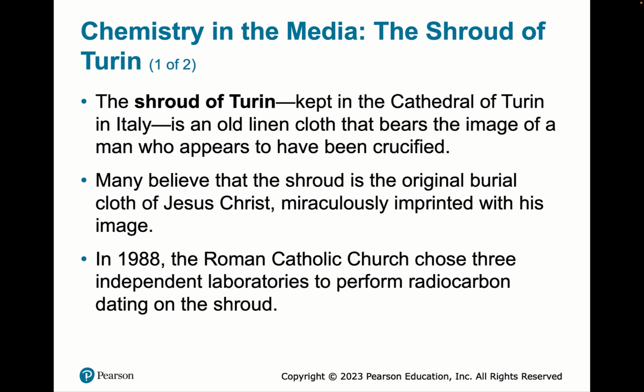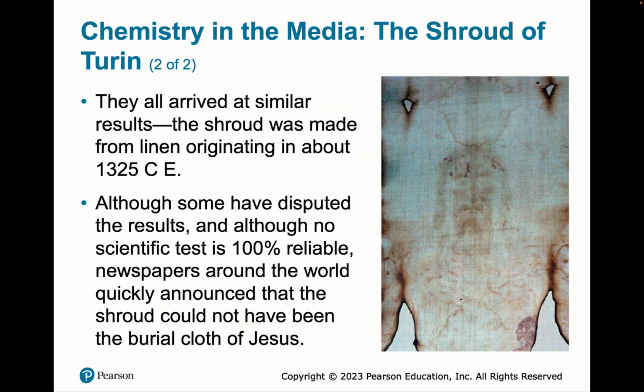One example was the Shroud of Turin, which had an image of someone. They thought it was Jesus Christ, but then they did some radiocarbon dating on the shroud, and they found out that it was actually created in 1325 Common Era.